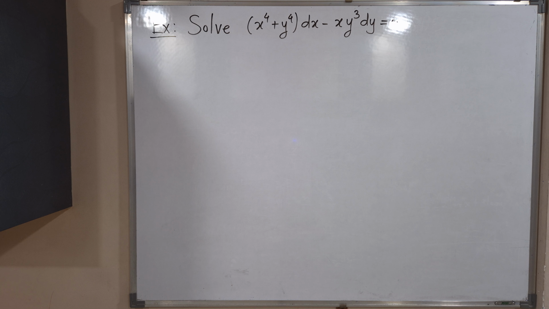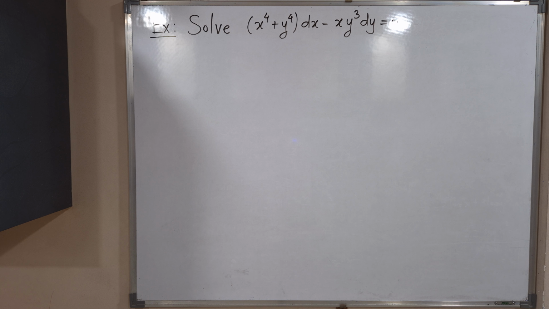Let us find m. Where is my m? This is my m, x raised to 4 plus y raised to 4. We are multiplying by x. N is minus xy cube, into this y. So x raised to 4 into x, that is x raised to 5, plus xy raised to 4, minus xy cube into y, that is y raised to 4.